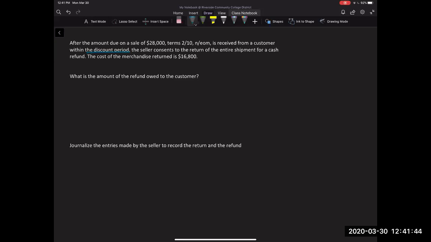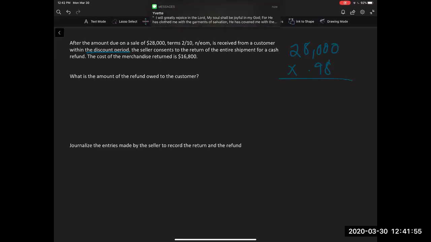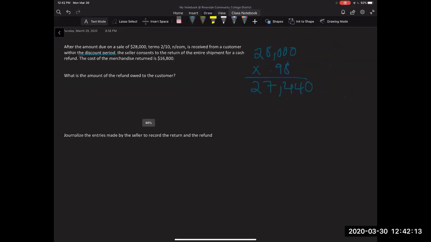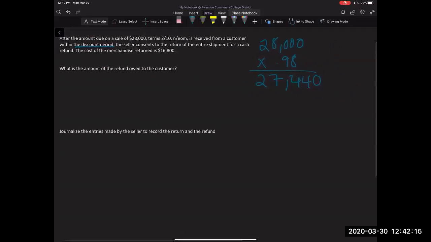What does that look like? It was 28,000 for the entire shipment, and then we offered them a discount, so they were only responsible for 98%. If we did that calculation, the customer owed $27,440. When we originally recorded that transaction, I'm going to go off to the side for a second because I want to make sure I don't mess up the question.